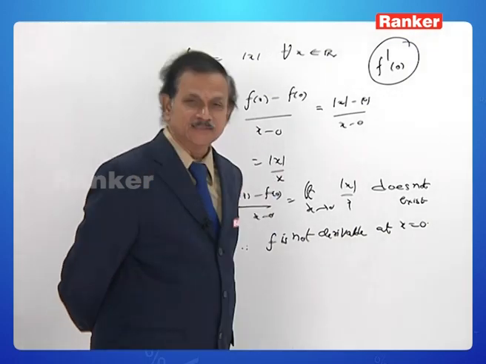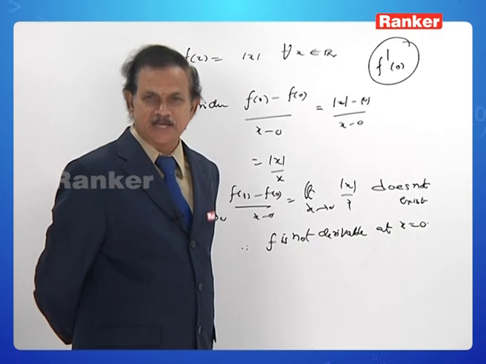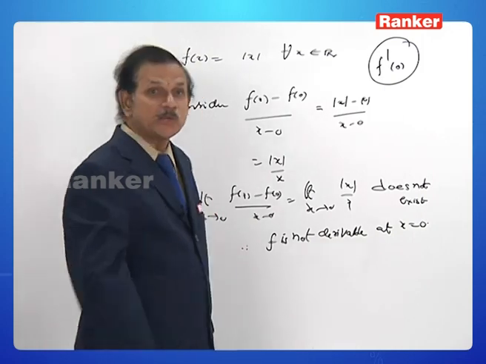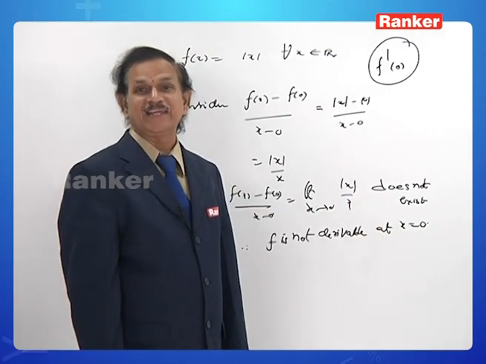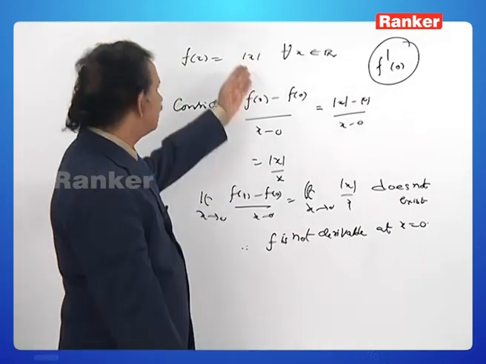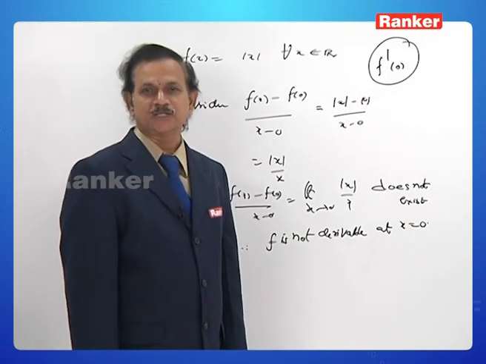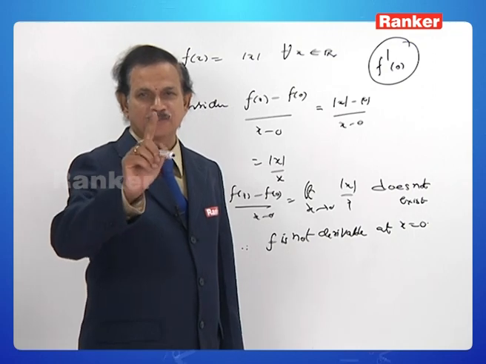Well, my dear, this is not just for the sake of the converse. This educates us. From this we can learn so many things. f(x) = mod x is continuous at x = 0, not derivable at x = 0.